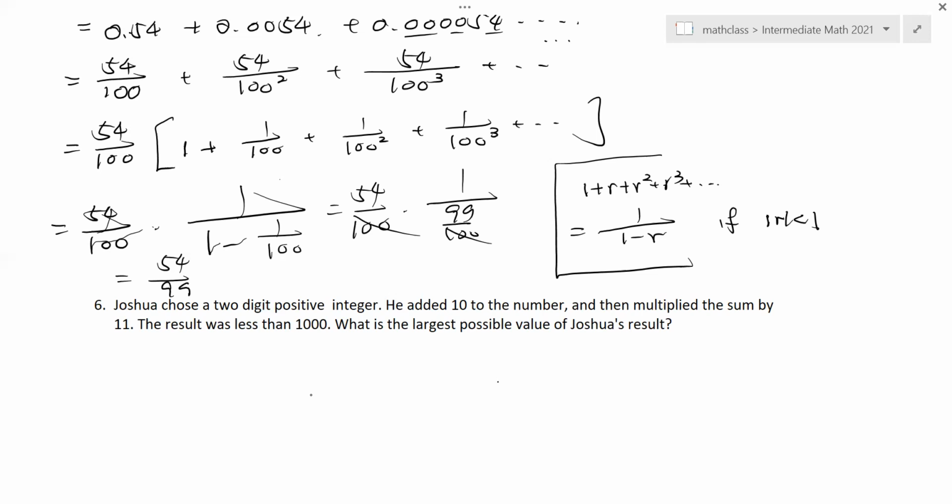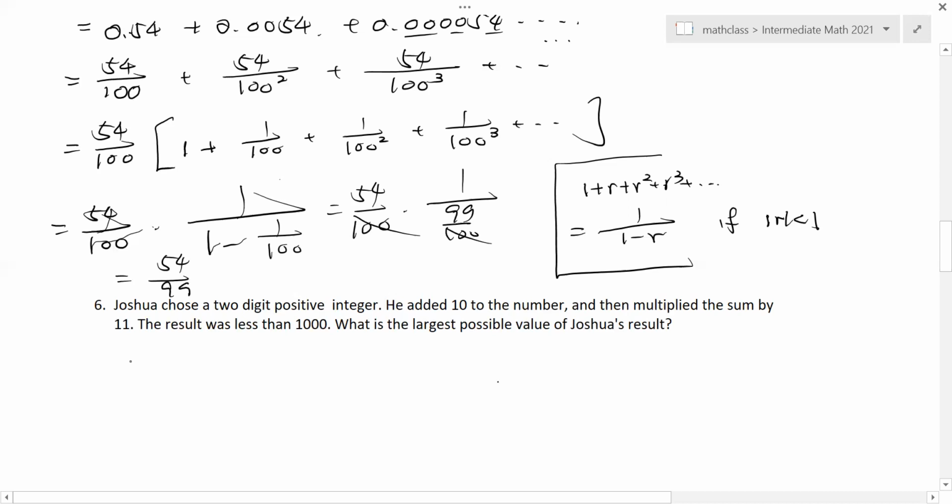So Joshua chose a 2-digit number, and then he added 10 to the number and multiplied by 11. And this is smaller than 1,000. So how big can you make this result, which is smaller than 1,000 but close to 1,000?